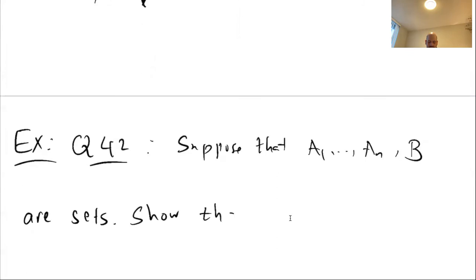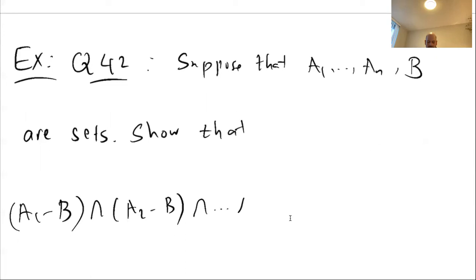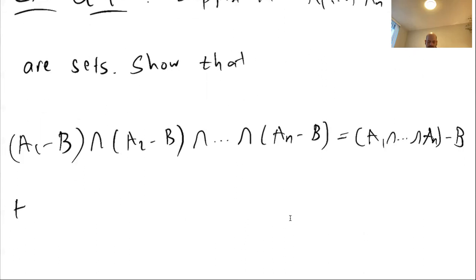Show that (A1 minus B) intersection (A2 minus B) intersection all the way to (AN minus B) is equal to (A1 intersection to AN) minus B for n bigger than or equal to 2.